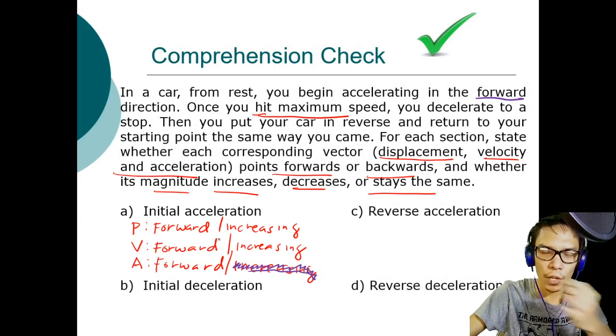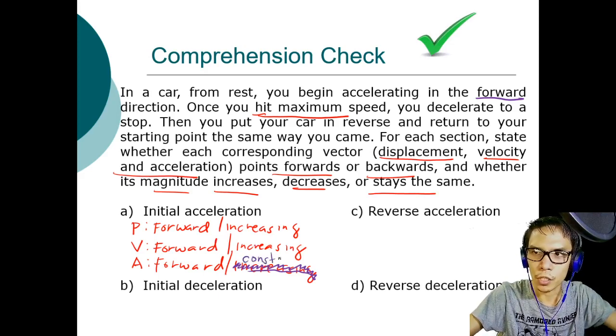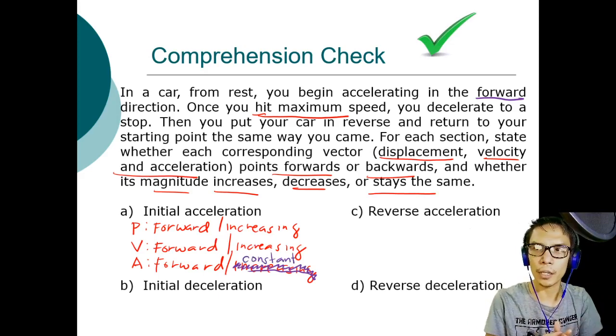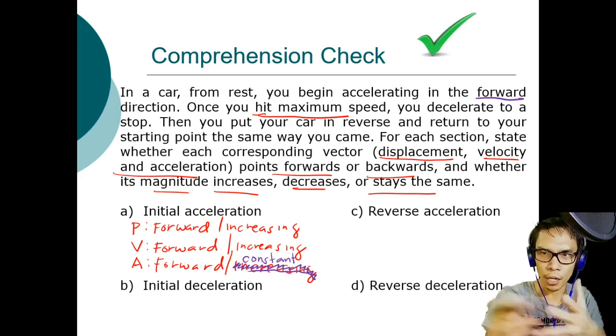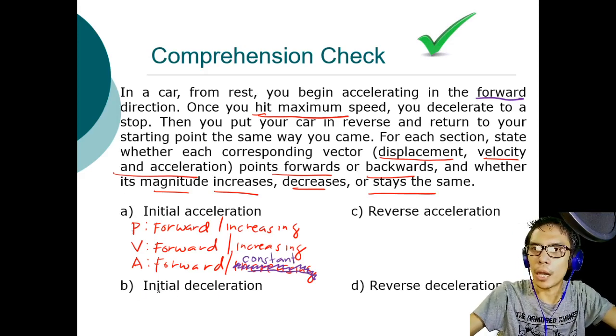Since your velocity is increasing, your acceleration is constant. So you have a certain set of acceleration. That is why your velocity is increasing. Alright. Next one.